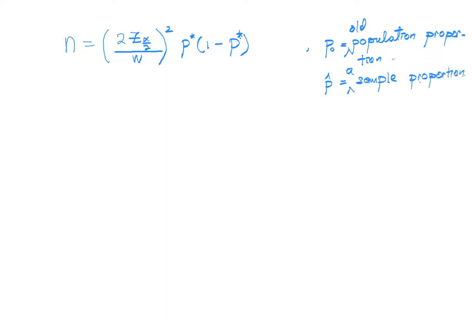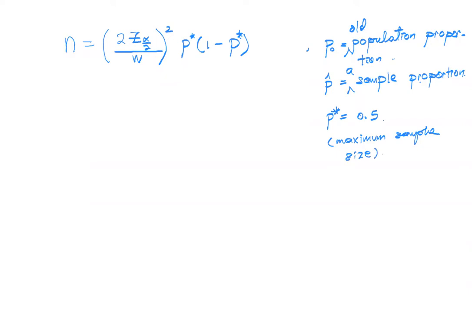If you don't have both, then you can use 0.5. Why? Because as long as you use 0.5, that is the maximum sample size. Do you get me?